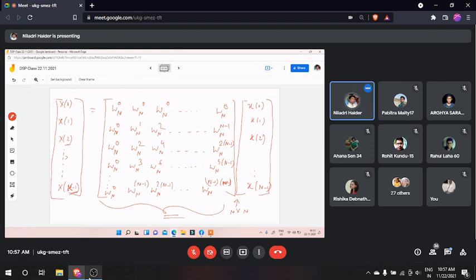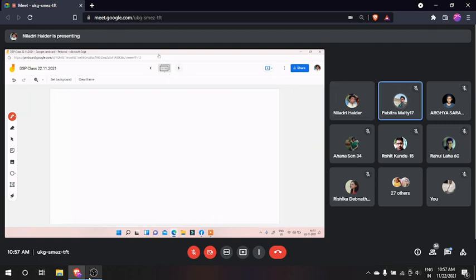Is that clear? Yes, sir. Okay. So, using that matrix, consider the same problem. xn is given as 1, 2, 1, 2. So obviously here capital N is equal to 4.